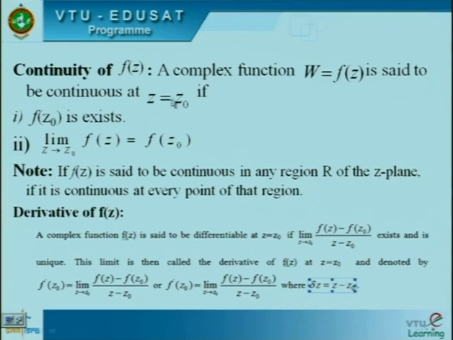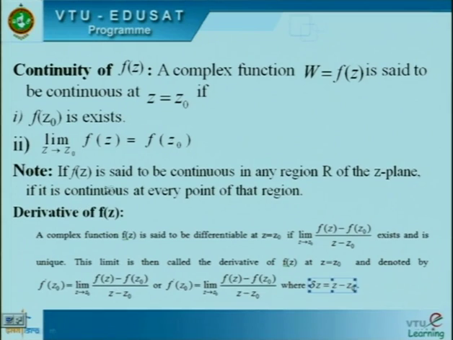The function is defined at the point z naught, and the limit must exist. Limit exists means that, independent of the path by which z approaches z naught, you must have a unique value in all directions.